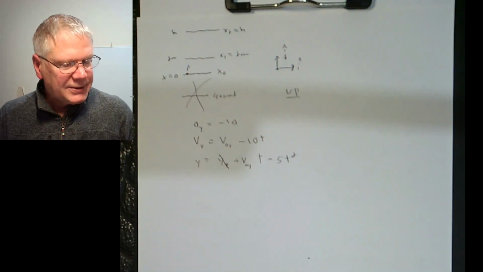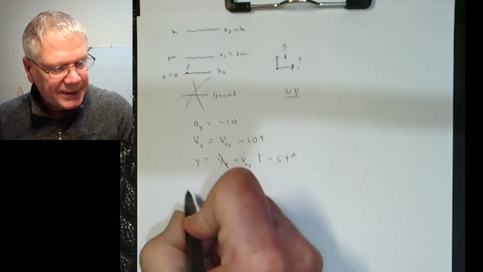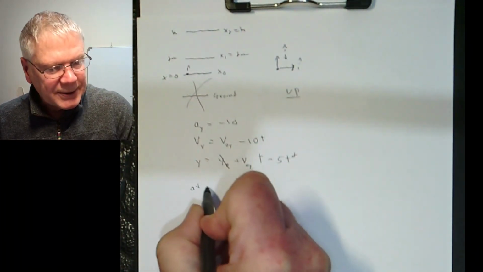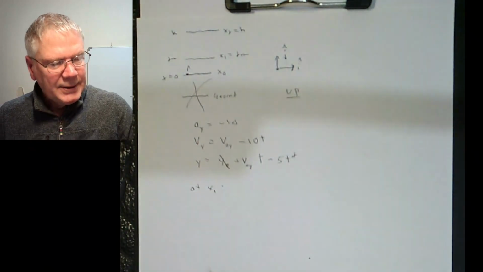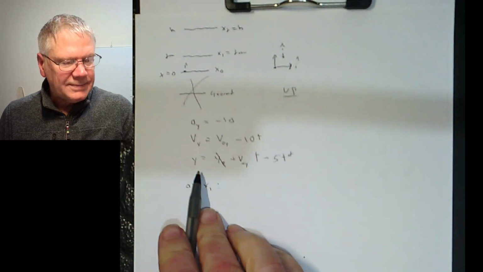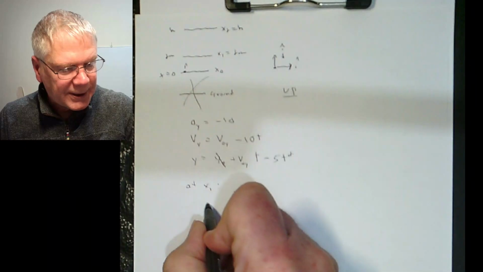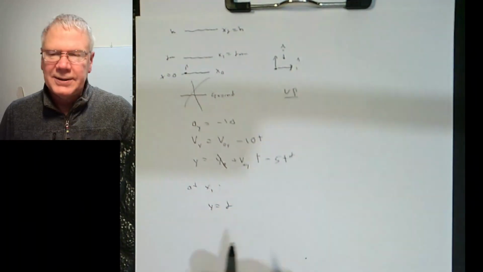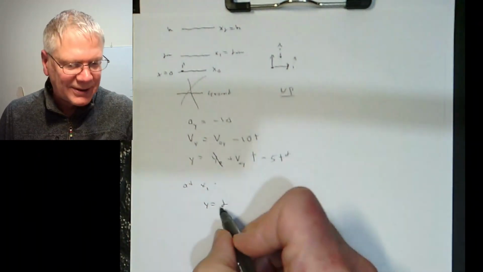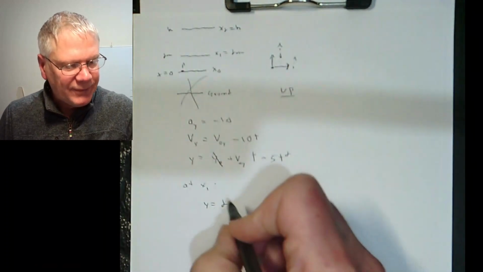So let's look at the first coordinate at x1. What is the height? What's y at x1? y is equal to 2. I'm kind of interchanging x and y here now. Sorry about that. But the distance is 2.